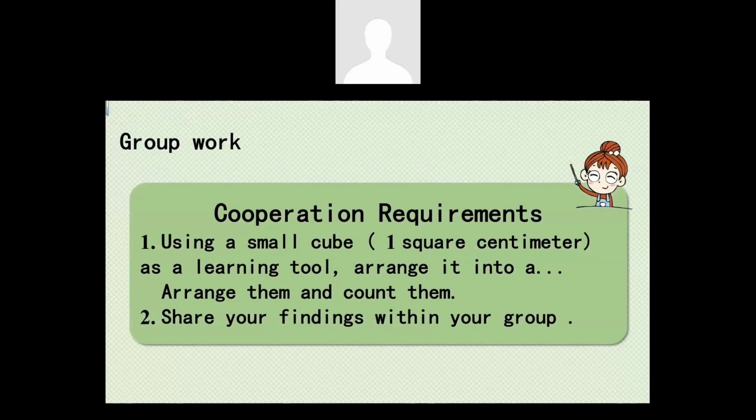One is imagine covering the rectangle with 1 square centimeter unit squares. Two is explain clearly how you cover it, how you count, how you get the area.